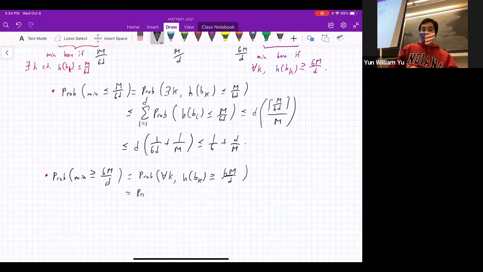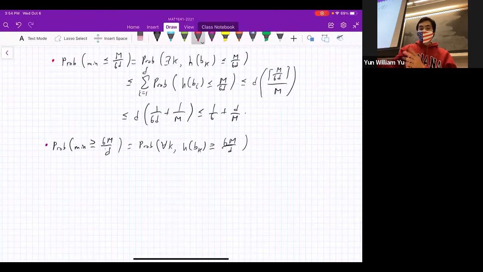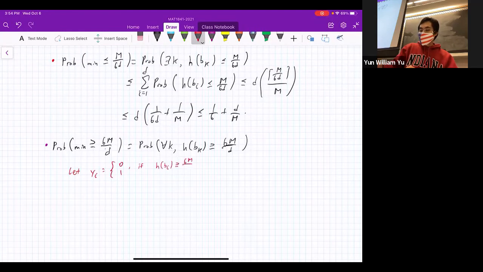which is equal to the... so this analysis is a tiny bit harder. We're going to have to make use of indicator variables like we did in the previous slide. So let yi be the indicator variable, 0 if h of bi is greater than or equal to 6m over d, and 1 otherwise.